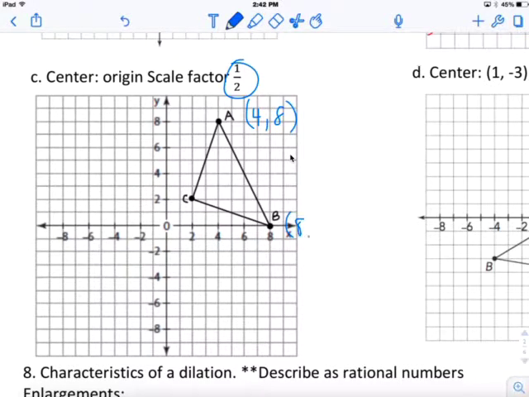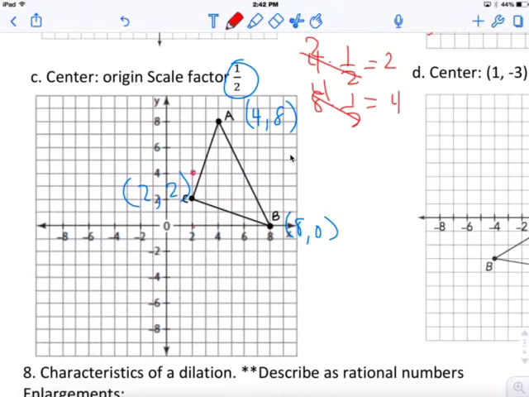Multiply them all by a half. 4 times a half, we'll start with A, cross cancel, is 2. 8 times a half is 4. So A prime is 2, 4.